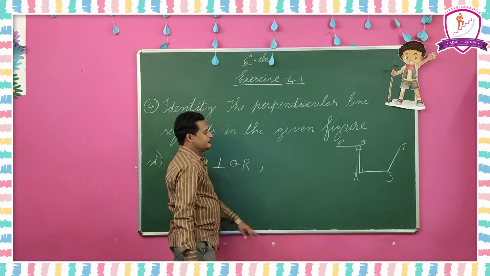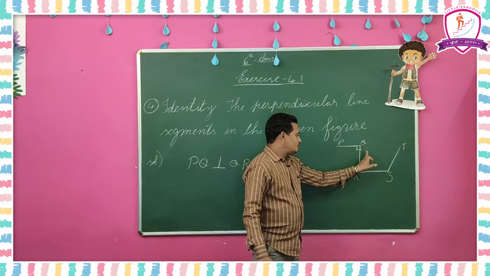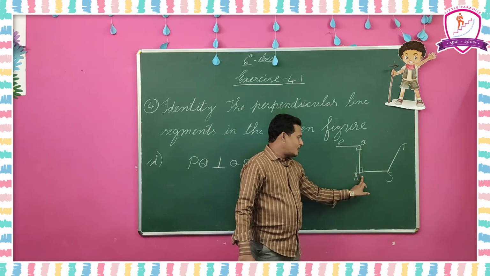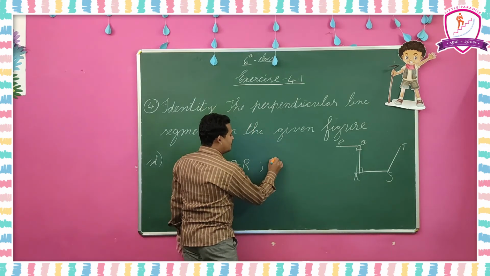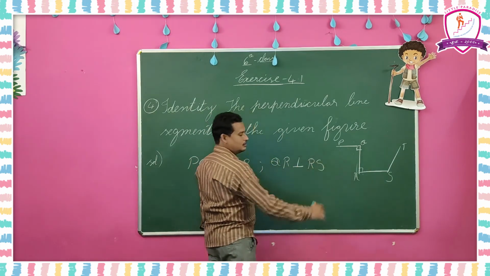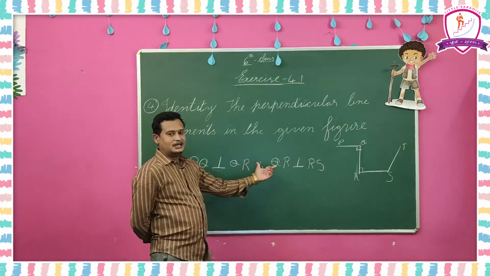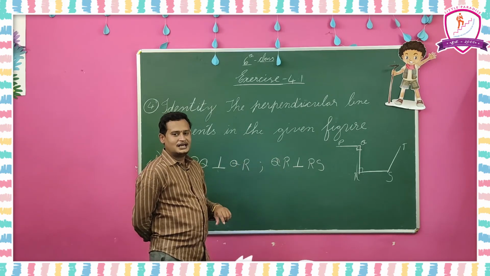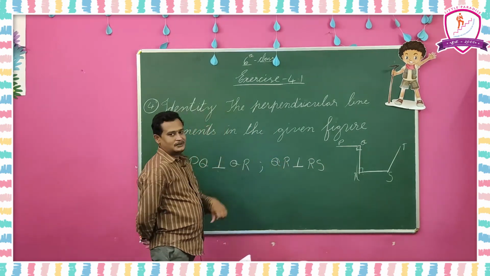And next, QR and RS: in between QR and RS also, at R, a right angle was formed. So we can say QR is perpendicular to RS. Like that you can write. So two pairs of perpendicular lines are there in the given figure. Like this you have to complete this answer.